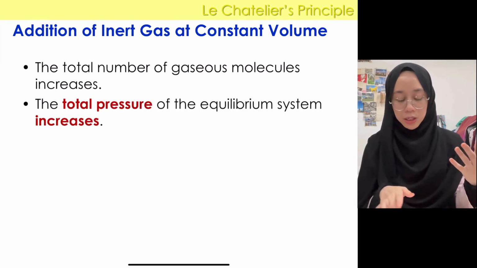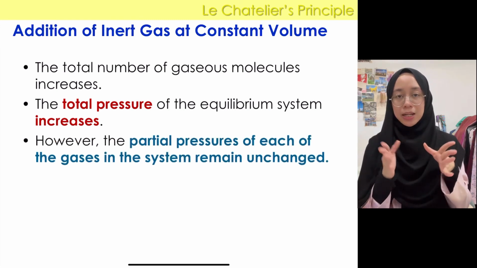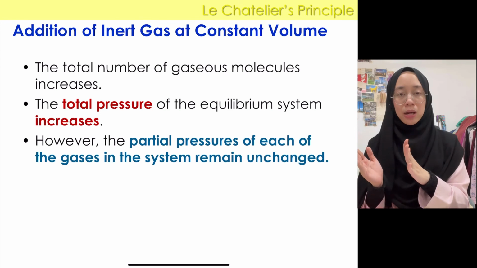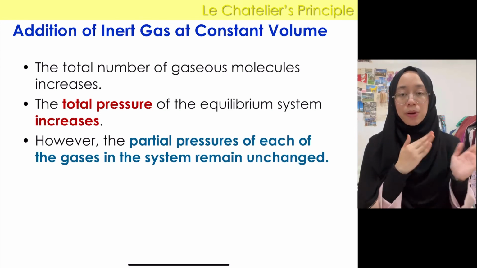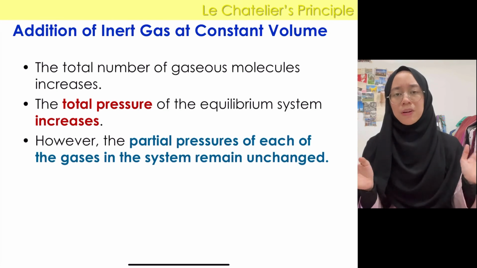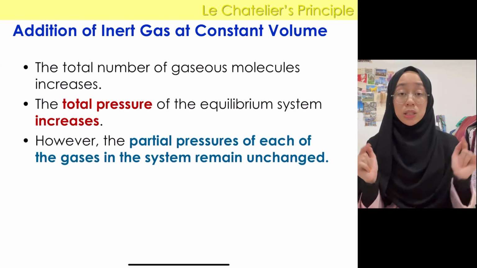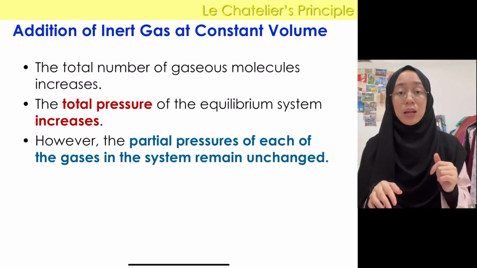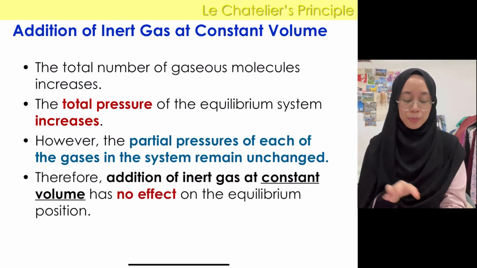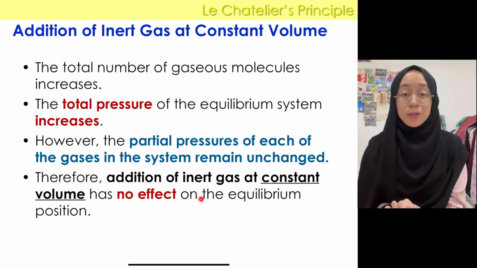So in terms of the partial pressure of each gases yang ada at the first place, tak affected pun. If at the first place dia adalah 4 atm, lepas tambah inert gas pun it remains 4 atm. So kalau macam tu, it won't shift the system then, bermaksud the system actually still remain at equilibrium. Okay, so the addition of inert gas at constant volume, it has no effect on the equilibrium position then.